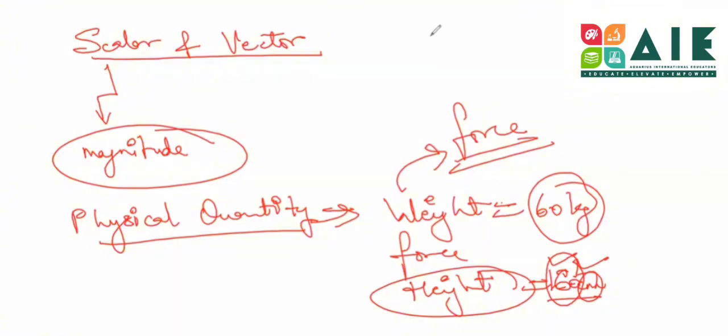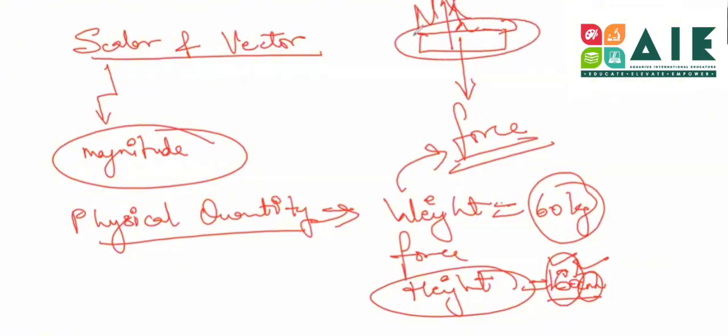Yes, ma'am. Okay, there is a weighing machine. I'm standing over it and I'm applying a force at the Earth's center. At the same time the Earth will also apply the force over me, which is the normal force. Now, this weighing machine calculates this normal force and it tells you that your weight is 60 kg, 50 kg, 55 kg, like that. Understood?